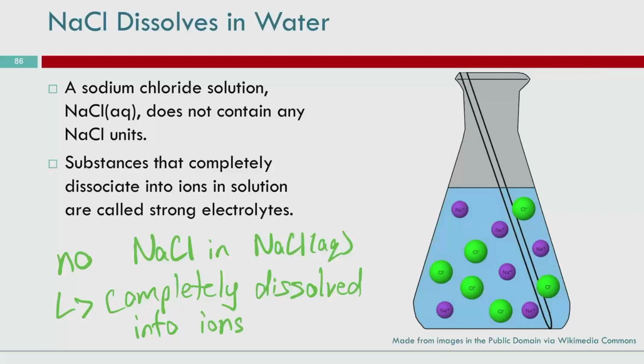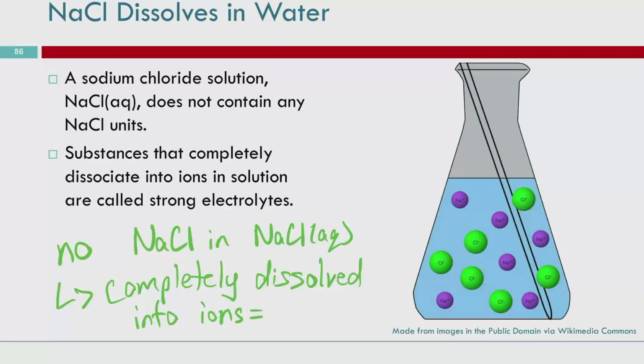Ions conduct electricity. This is a strong electrolyte solution. If you've been around anything related to fitness, you've probably heard about electrolytes, right? We drink sports drinks to replenish our electrolytes after we've gone on a long run, we've had a long day out in the sun.